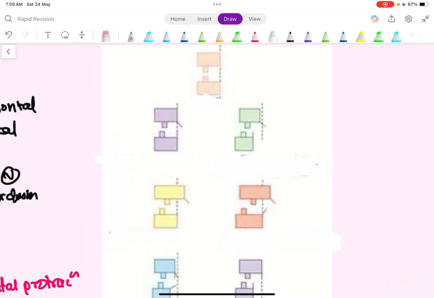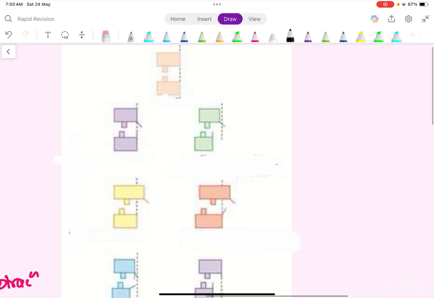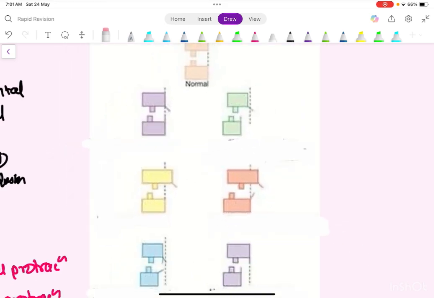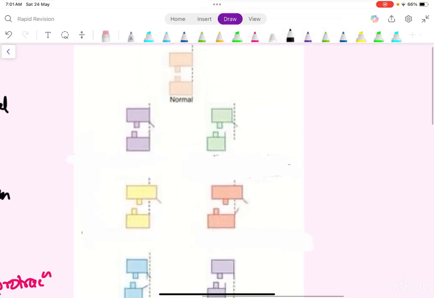See the first one: it's on the line, and the dental part is also nicely done, so this is going to be normal. Let's look at this one. There is this thing outside and this is proclined, so this is going to be maxillary dental protraction.